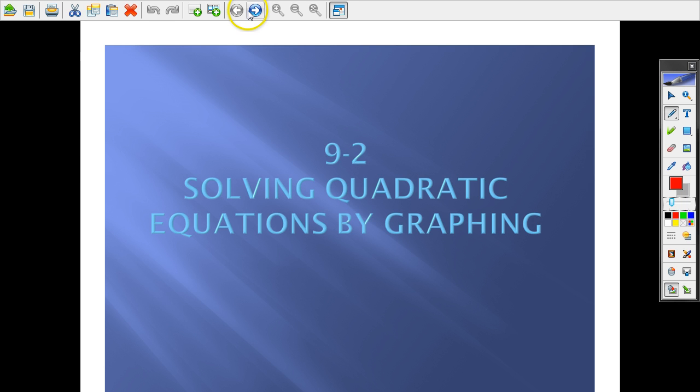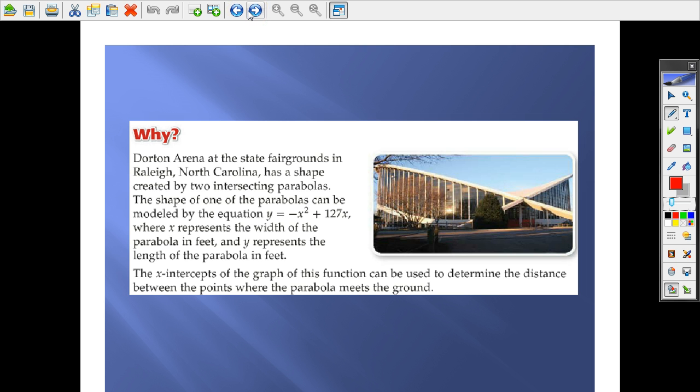Alright, so why do we do this? Thornton Arena at the State Fairgrounds in Raleigh, North Carolina has a shape created by two intersecting parabolas. The shape of one parabola can be modeled by the equation y equals negative x squared plus 127x, where x represents the width of the parabola in feet and y represents the length of the parabola in feet.